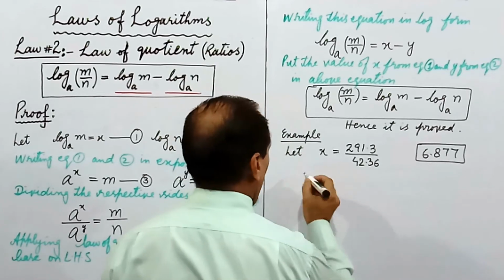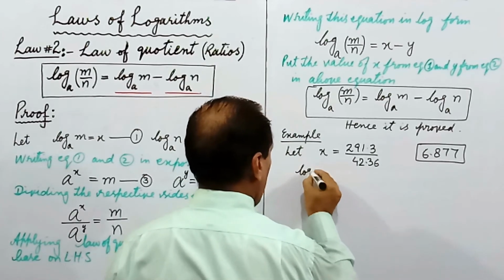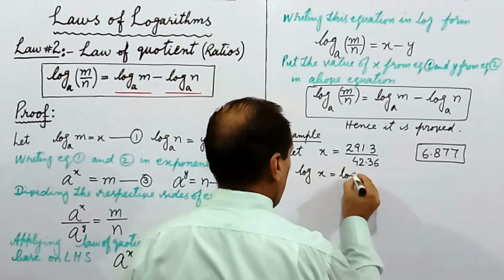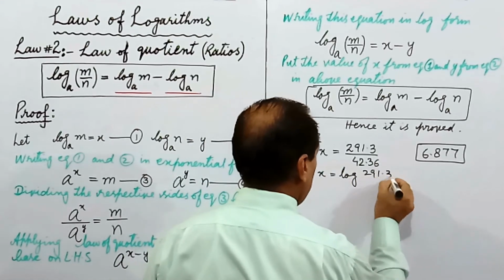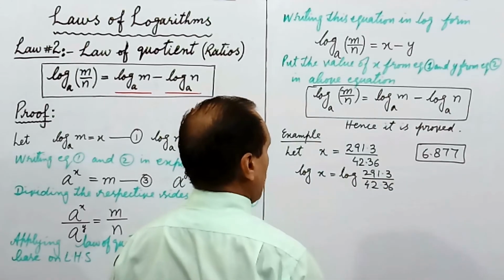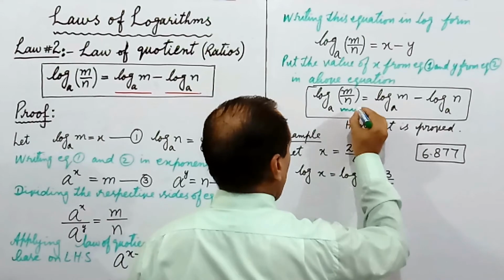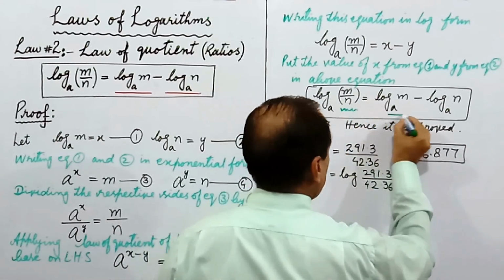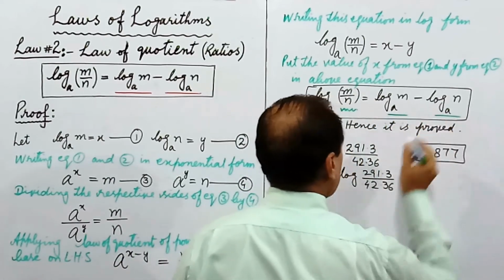Now take log of both sides. We have log x equal to log 291.3 divided by 42.36. According to the second law, the ratio of m and n is simply transformed into the difference of two distinct logs.